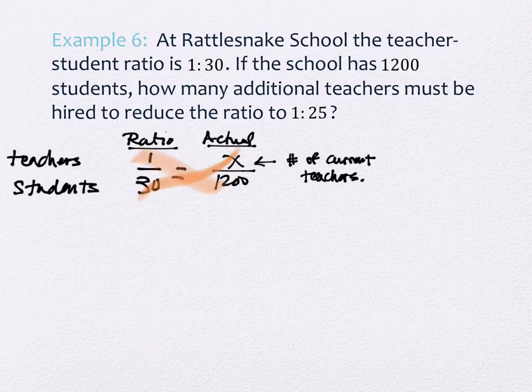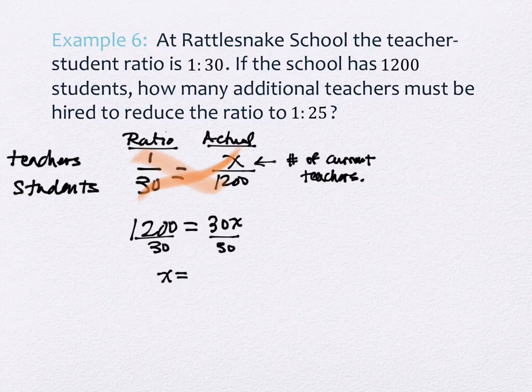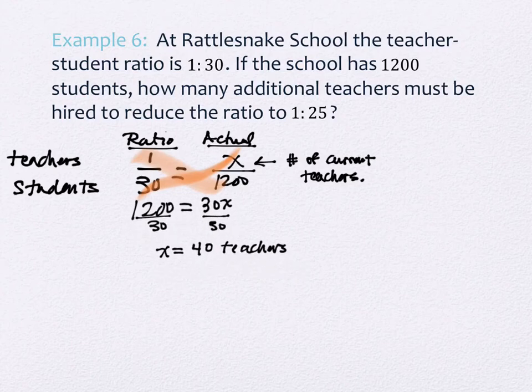So we'll cross multiply. We have 1 times 1,200 is 1,200, and then 30x. We divide by 30, and how many teachers do we currently have? 40. There are currently 40 teachers. Now, I'm going to do the exact same thing, teachers and students, ratio and actual, but I'm going to do it with what I want instead of what I have.